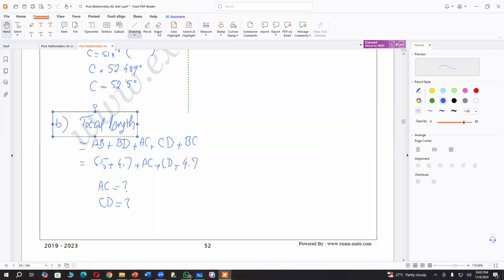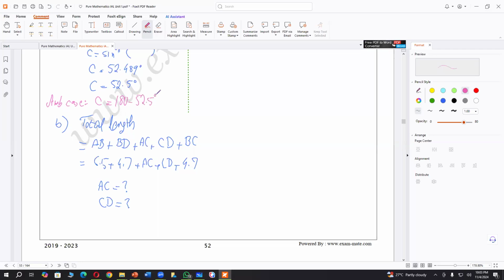Okay, so this is an ambiguous case. So C is equal to 180 minus 52.5.